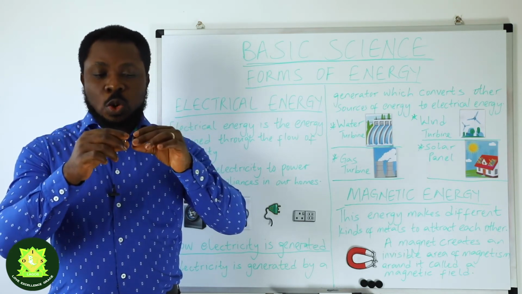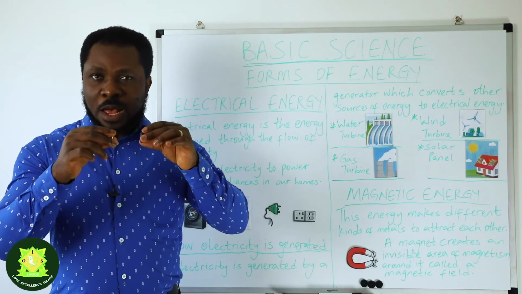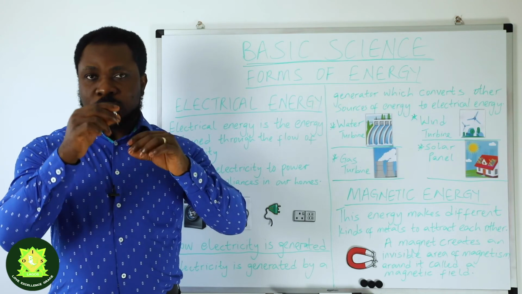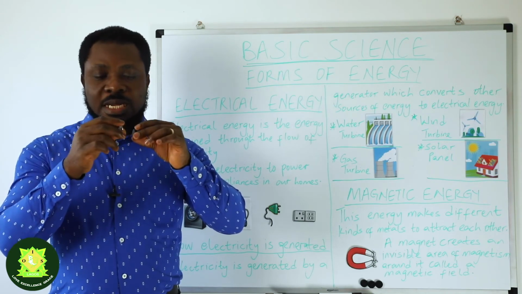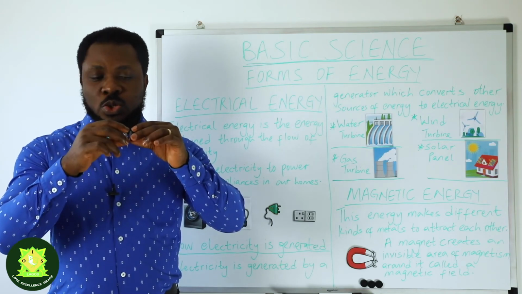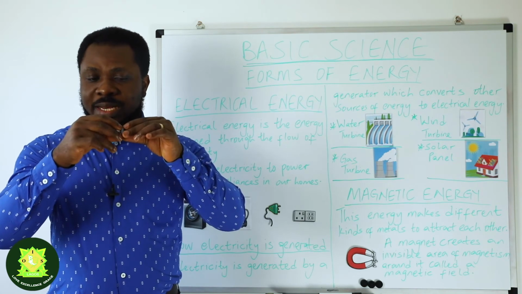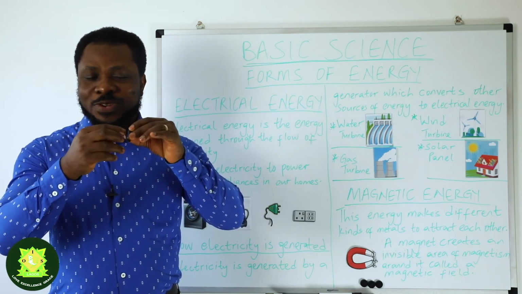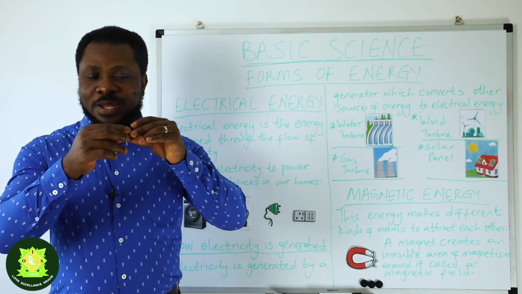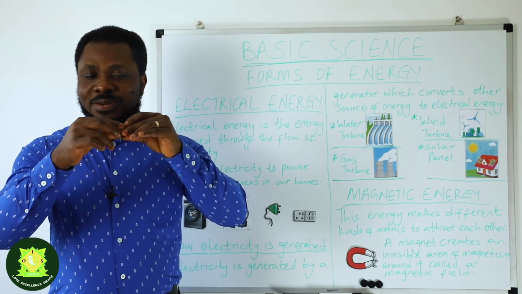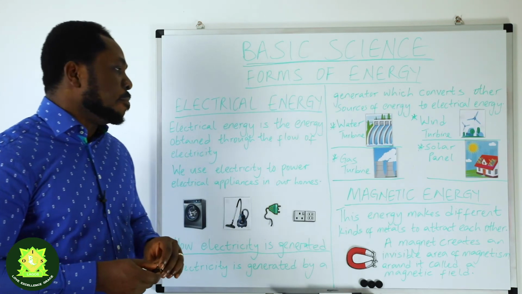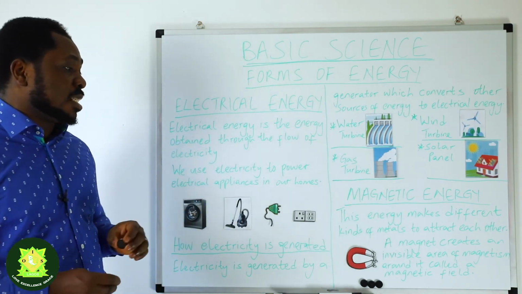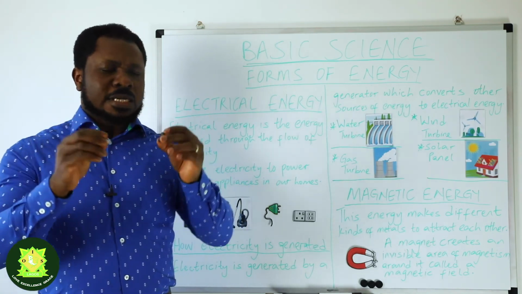But if I bring it closer, I can feel the magnetic field of this magnet around this metal, and that's what makes it attract. So if I bring it close enough and I release the metal, it will attract. So a magnet creates an invisible area of magnetism around it called a magnetic field.